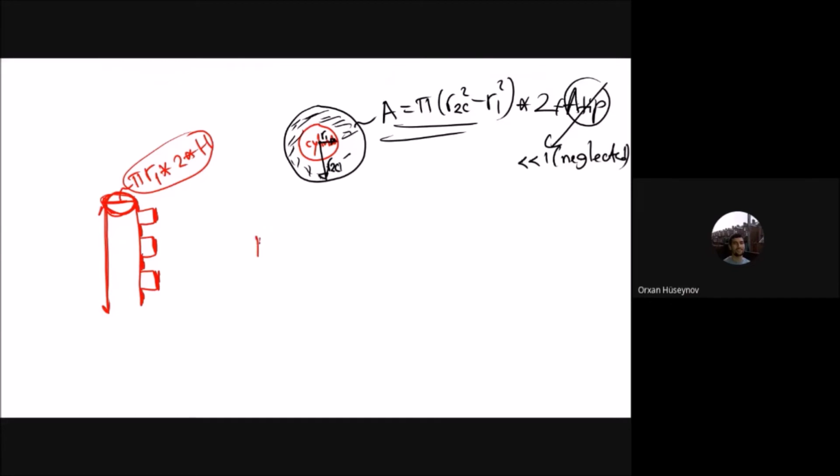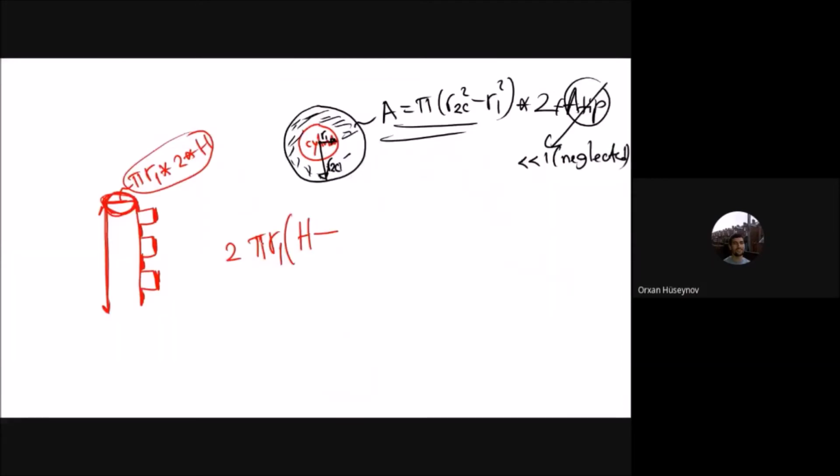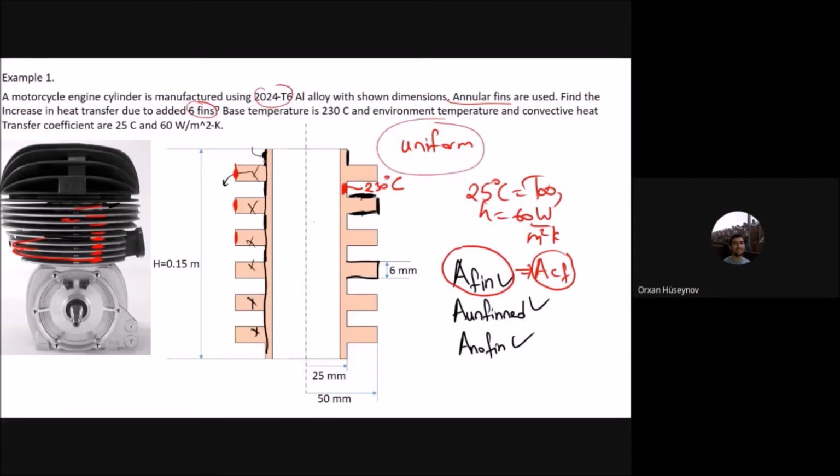What we will do then is 2 pi R1 h, the same, minus the number of these fins. You have 1, 2, 3, so 6 fins. It will be the number of fins multiplied with the thickness. If you do that, you will calculate only the surface areas at these parts. Okay, let's do it.